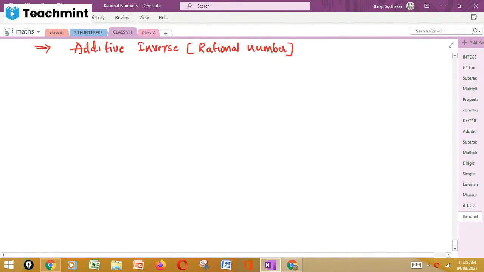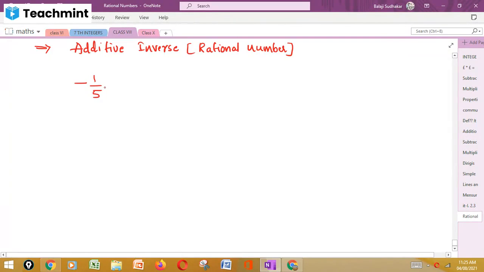For example, I will take one rational number, minus 1 by 5. It is a kind of rational number. So what is the additive inverse of this rational number?